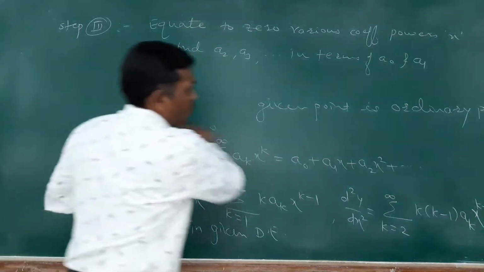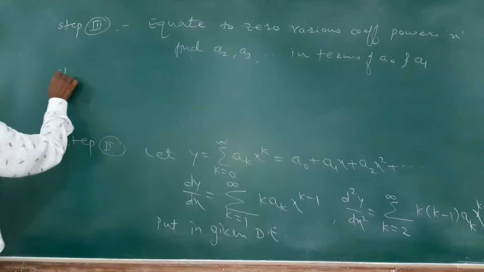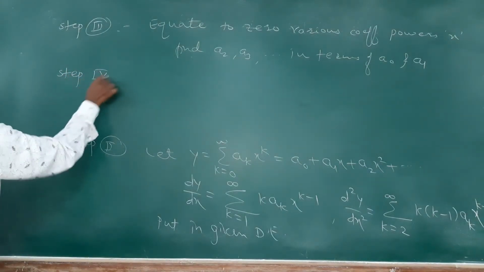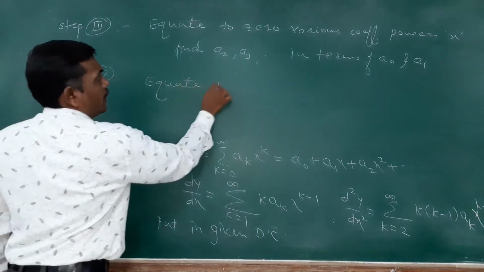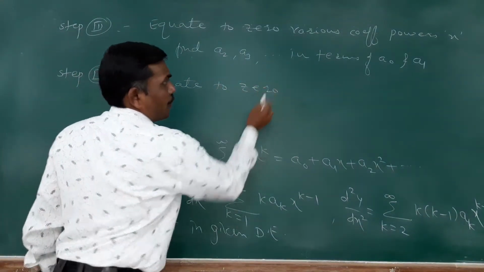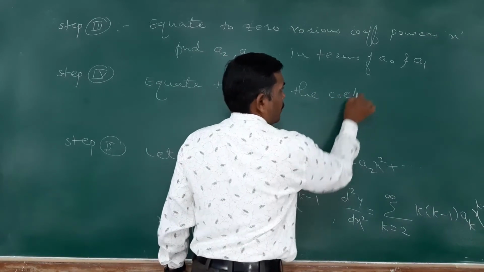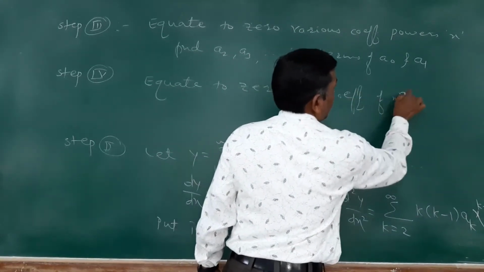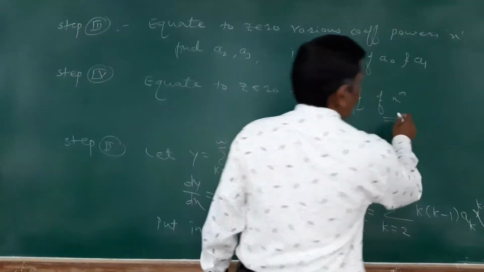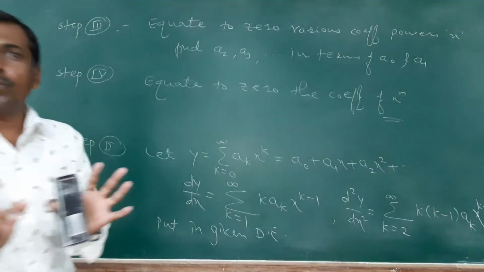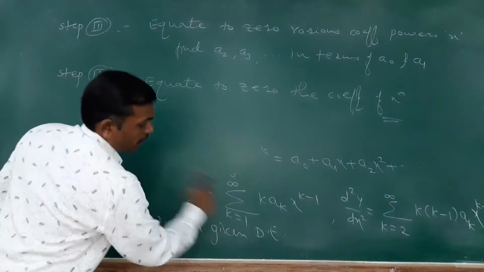Now in general, to obtain a general relation, our step 4 is there. Step 4 is equate to 0 the coefficient of x raised to n, means just see the coefficient of x raised to n and equal to 0, we get a recurrence relation.